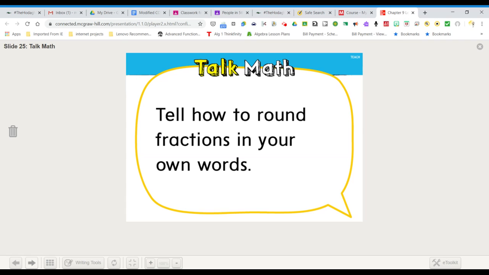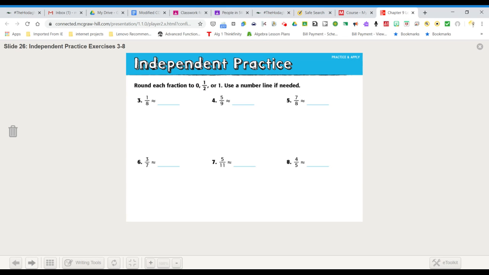Is it closer to the 0 mark? Is it closer to halfway through that denominator? Or is it closer to being a whole? So either way, whichever works for you would be the easiest way. For me, I would think the easiest way to round is to just see if it's closest to 0, 1/2, or 1 when I'm looking at the denominator.